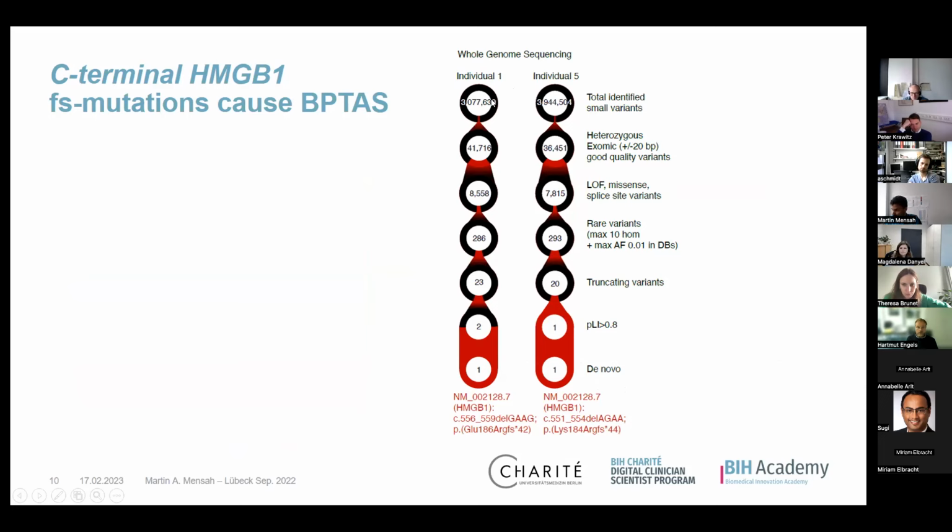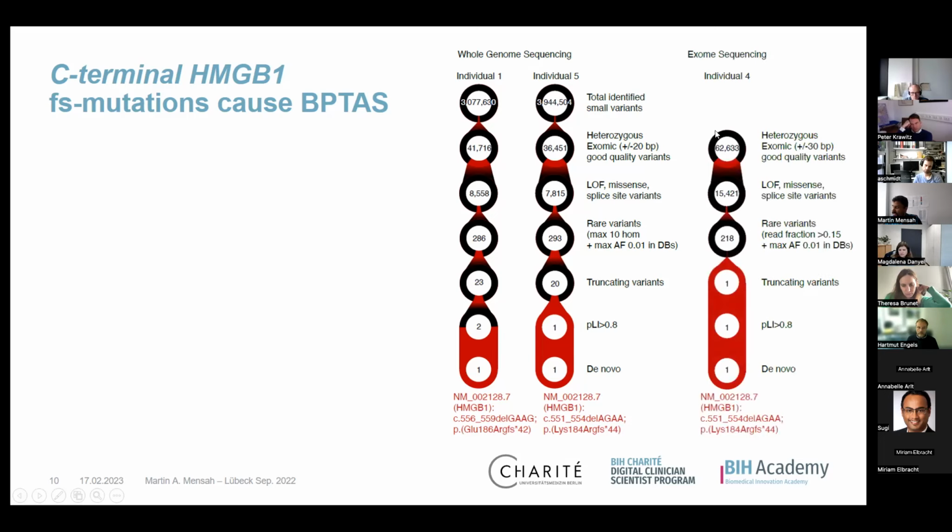This just illustrates our filtration steps. We started with all the variants called, and then I think we do it as everyone does it. First we check for coding variants, then for those coding variants that are loss of function variants, those that are rare, those that are truncating, affecting genes with a pLI greater than 0.8, and then we filter for de novo variants. In our individual here in Berlin, as well as in individual 1 from Schleswig-Holstein, there was only a single variant that met all these criteria, and that was the HMGB1 frameshift.